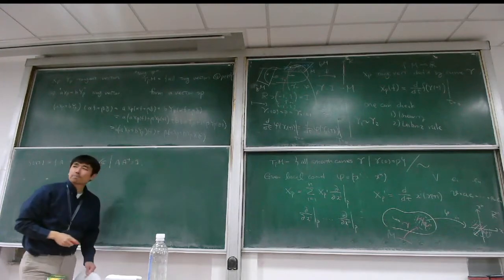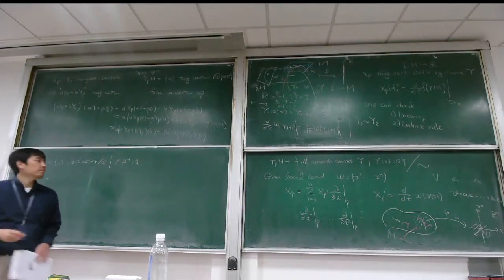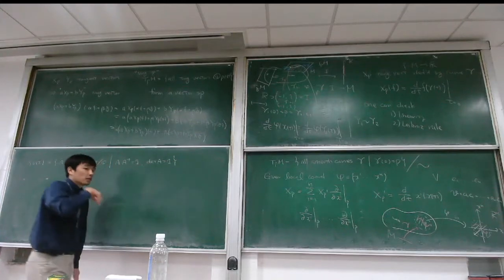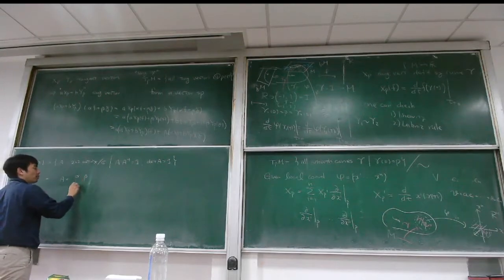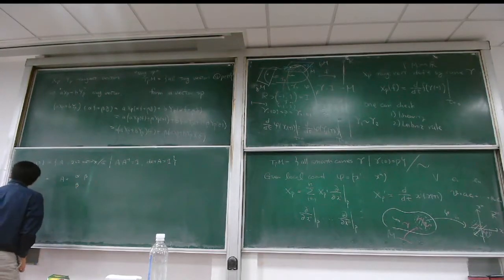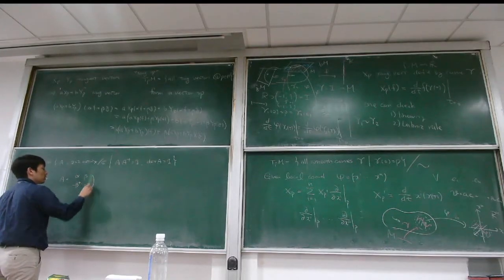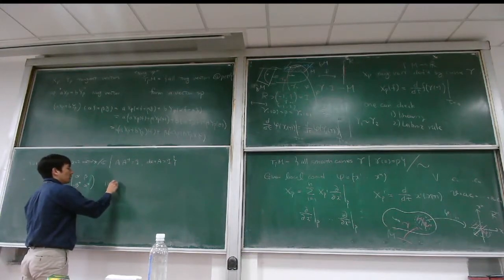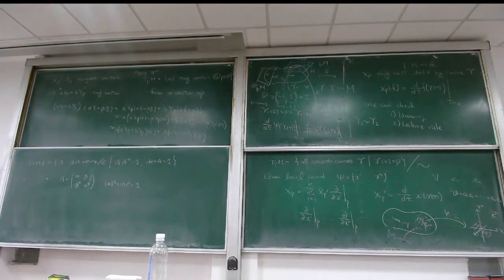And then A can be written as, for instance, alpha, beta, minus beta star, alpha star. And then one can check that, okay, that's SU(2), for instance, SO(3).